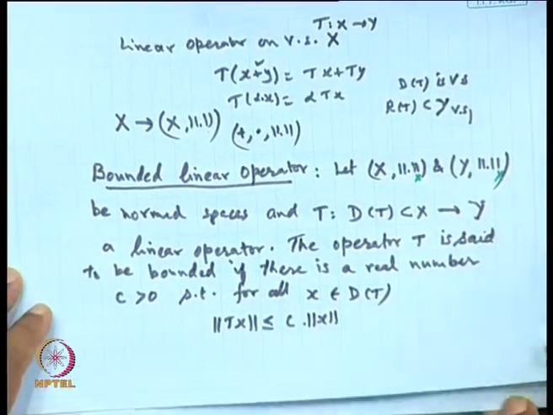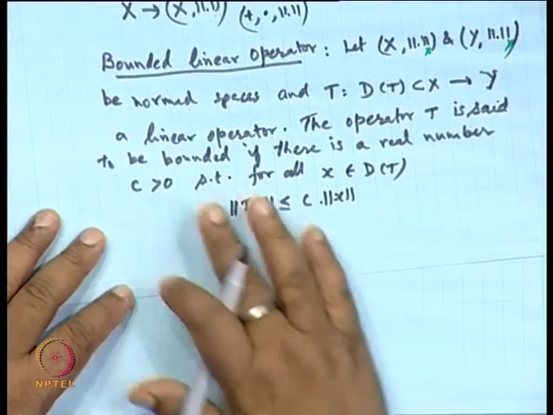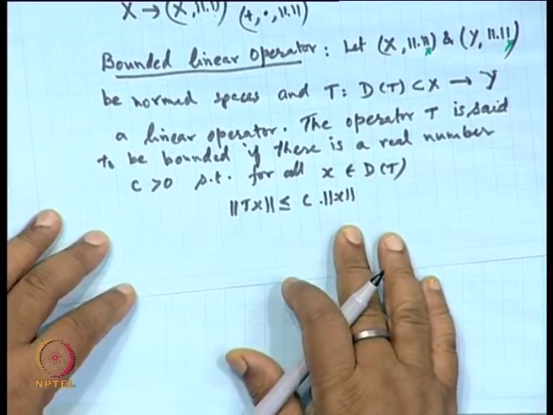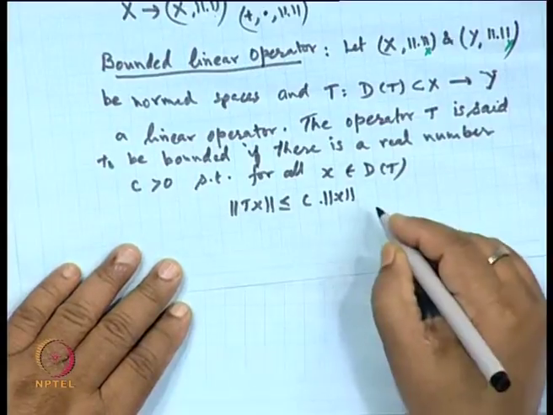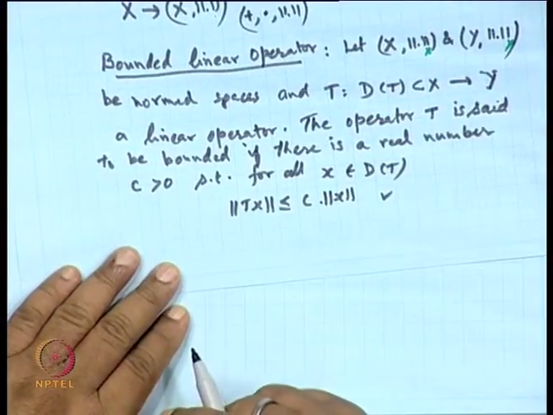So we have defined the bounded linear operator in this way: a linear operator is said to be bounded if this extra condition is also satisfied.